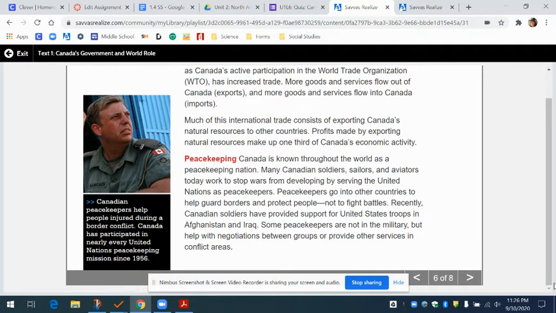Recently, Canadian soldiers have provided support for United States troops in Afghanistan and Iraq. Some peacekeepers are not in the military, but help with negotiations between groups or provide other services in conflict areas.